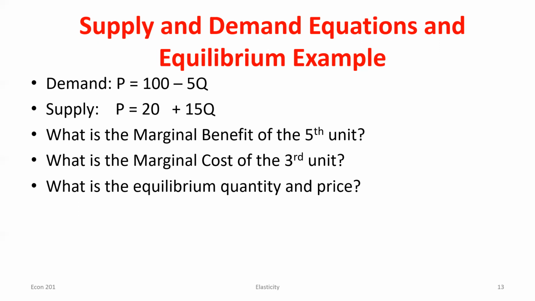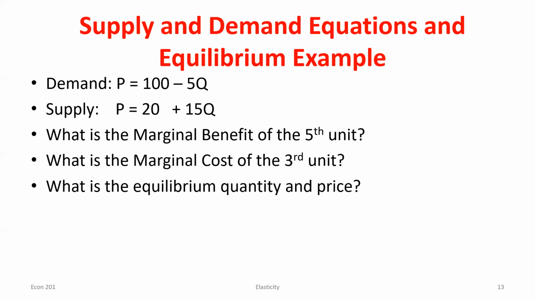Because that's what my supply and demand curves reflect. And that's the point I'm looking for. Where do they hit each other? Where are they equal? If I've got equations, where the price is equal to something for supply and the price is equal to something for demand, reflecting the relationship between price and quantity supplied and price and quantity demanded, I can think of those prices as being marginal cost and marginal benefit.